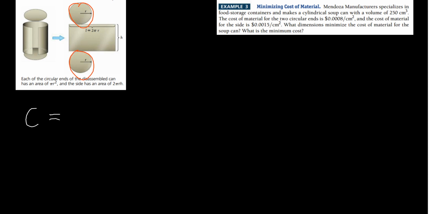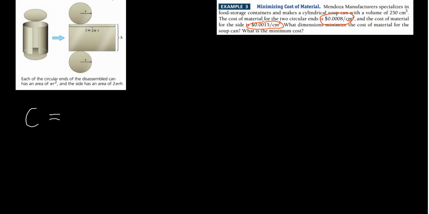But we're told those costs, right? We're told the cost of material for the two circular ends was this price, and the cost for the side was this price, per square centimeter. Well, we need to figure out exactly how much each one of these pieces are.